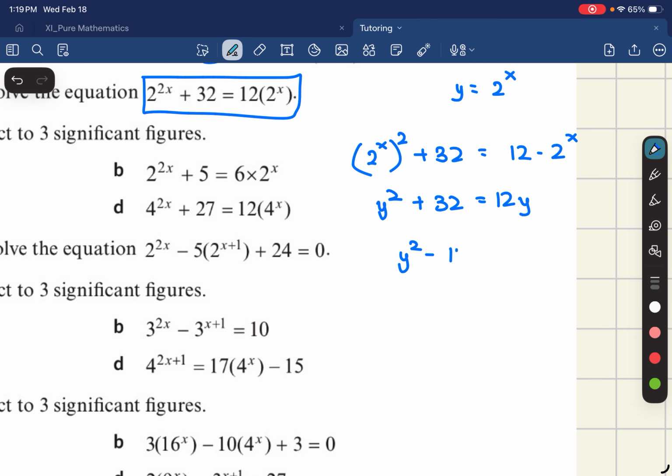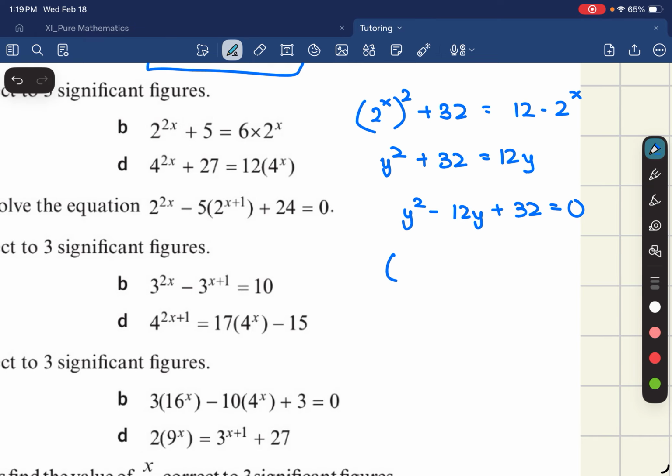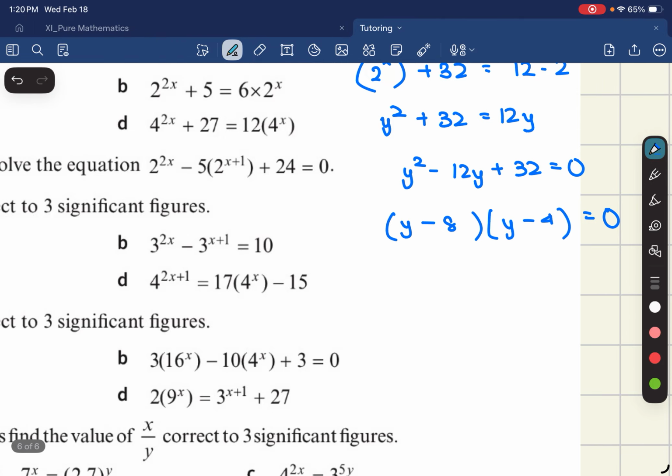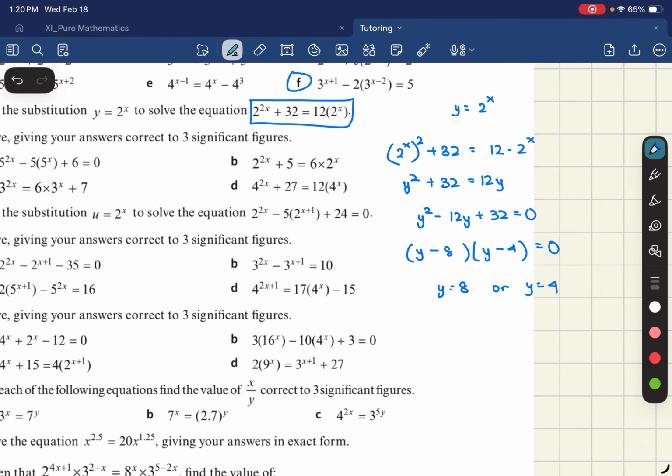Y squared minus 12y plus 32 is equal to 0. And this is going to give me y minus 8 and y minus 4, I think, if you factor it out. Because minus 8 times minus 4 is positive 32. And then minus 8y minus 4y gives me minus 12y. So y is 8 or y is 4.